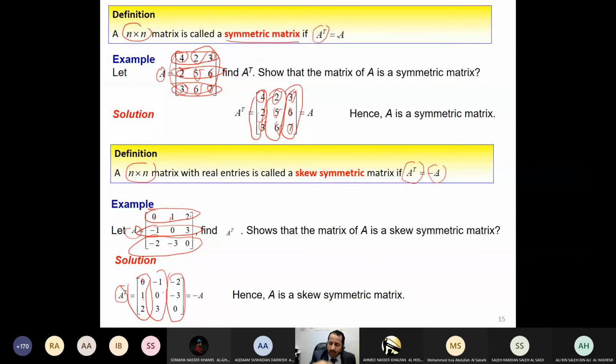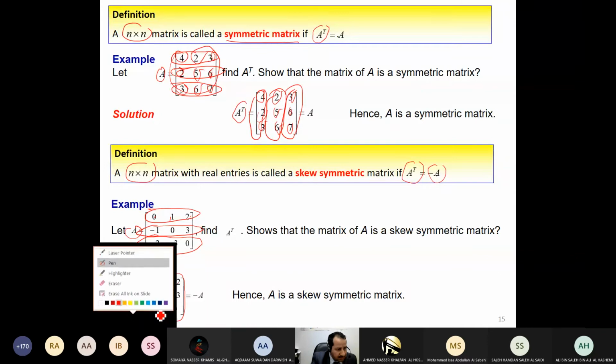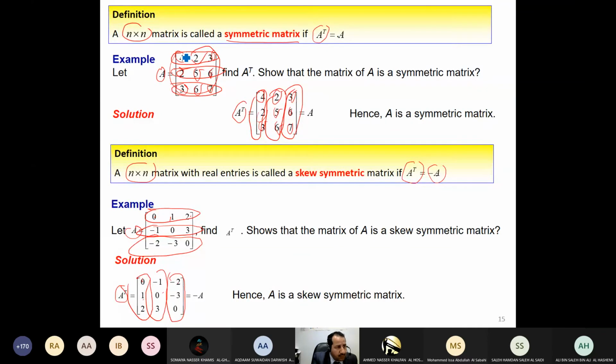The elements will appear in the same places. As an example, this is the transpose. Okay, let me change the color. You see 4 is the first item, A11. Here A12 is the same, which is 2. A13 is 3, the same values in the same places. For that we call it symmetric, because when we do the transpose, their values never change their places. Okay?